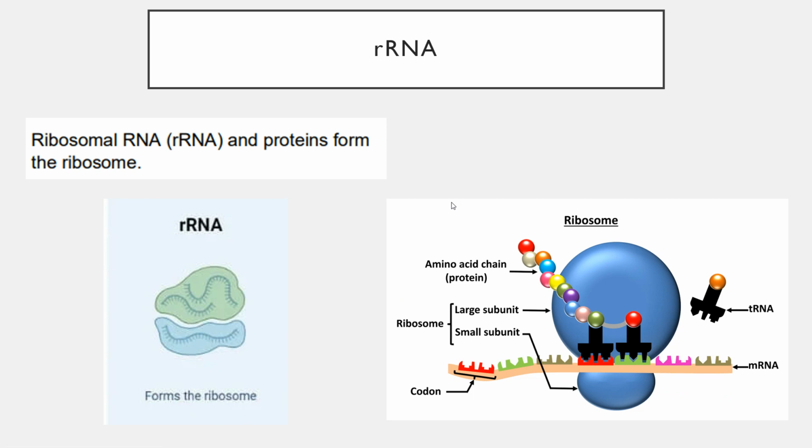And finally, just a quick word about the rRNA. It's a structural component, so it actually makes up the physical structure of the ribosome where protein synthesis is taking place. You can see it here in the diagram. The messenger RNA comes into the ribosome. It's read three bases, or a codon, at a time.